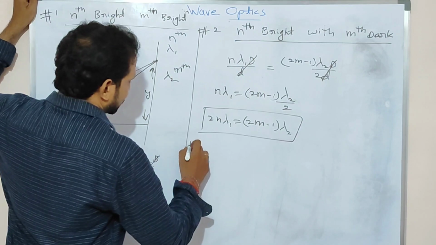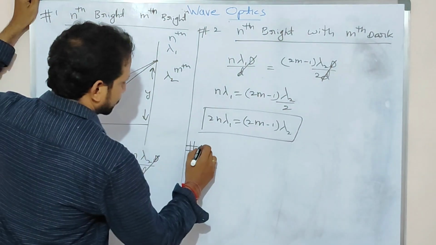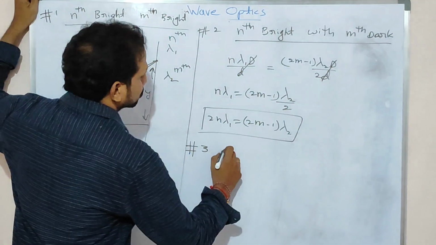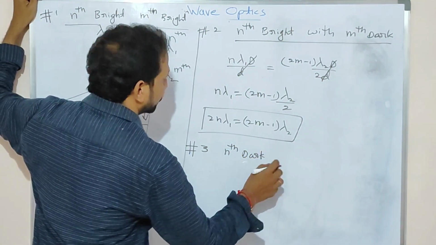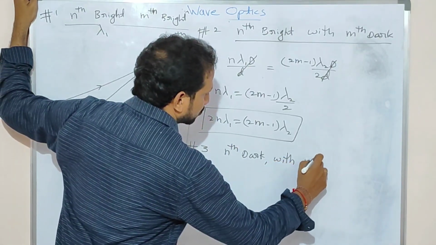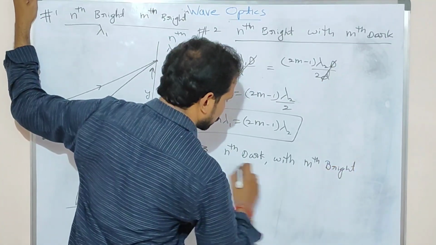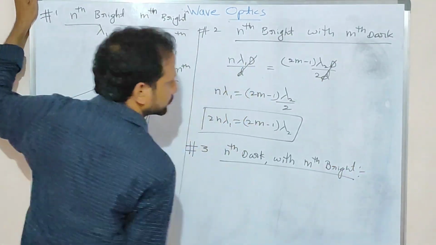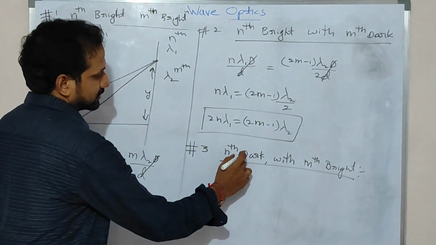And moving to the next, third case, it is case 3. Now, the nth dark fringe of wavelength 1 is coinciding with the mth bright fringe. Then for the first, it is a dark fringe, right?